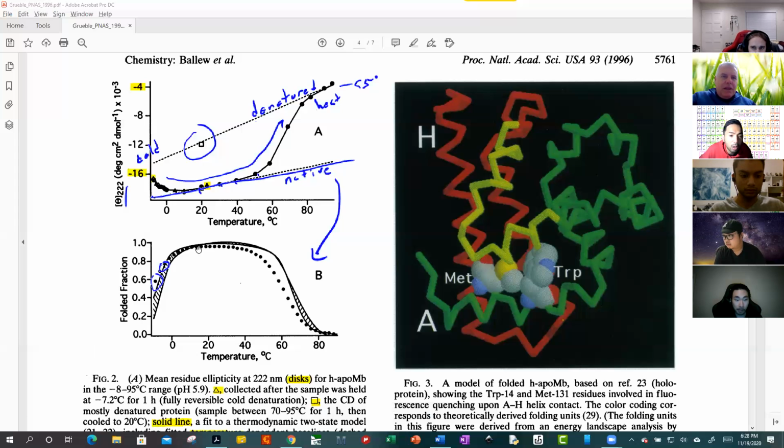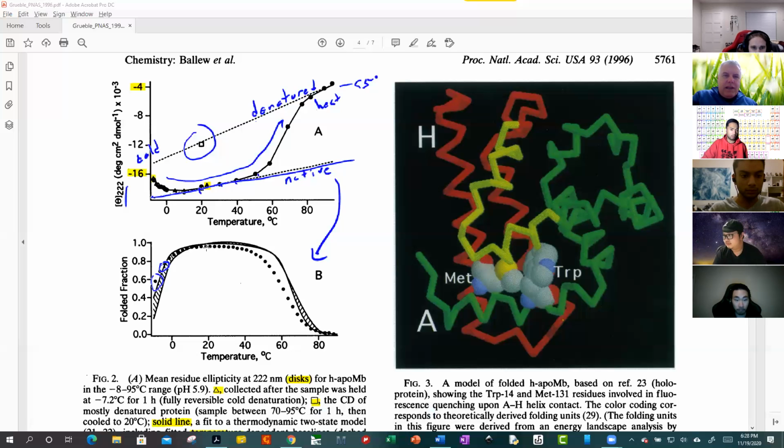So the temperature jump, we start at -6 degrees and about 0.3 folded fraction, right? And we start right at about there, right? Then, boom, boom. In 10 nanoseconds, now the sample is 20 degrees C, right?